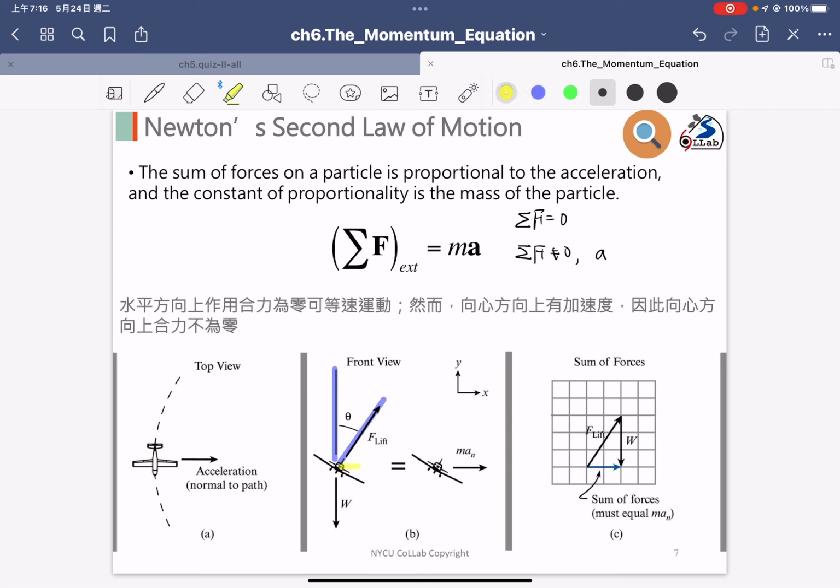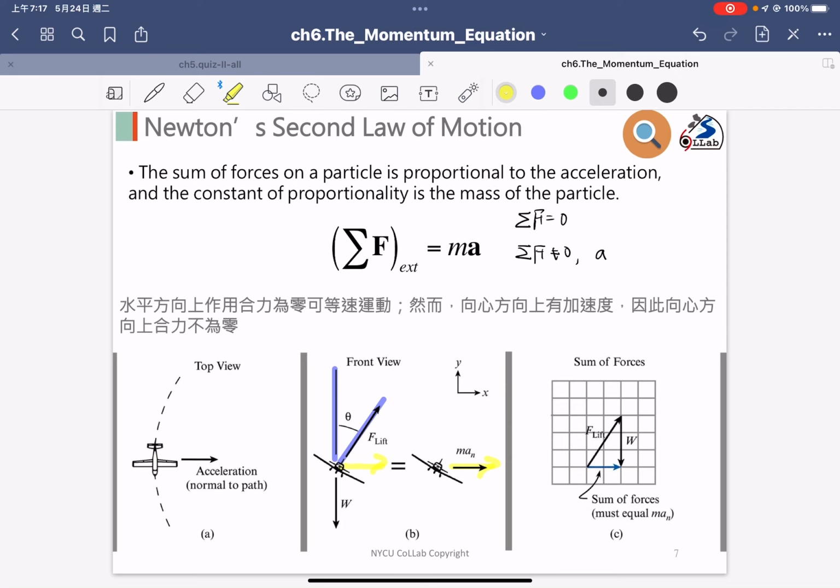So we project the direction normal to the path, and then we have the additional force along the directions normal to the path. So we have the additional acceleration normal to the path. We call that a_N, showing here.